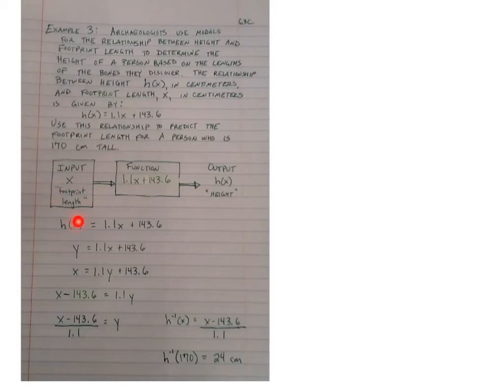So the way we do that is we take our function and put y in for the function, switch our variables y and x, and then solve for y. So to solve this, first we subtract 143.6, and then we divide both sides by 1.1. This gives us our inverse function.